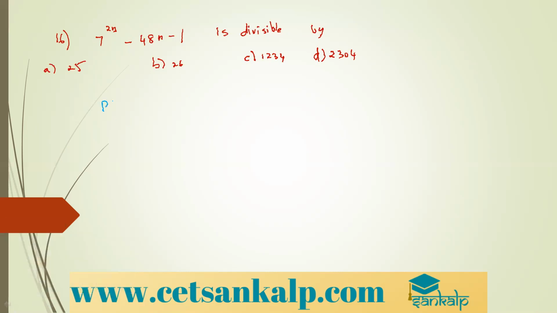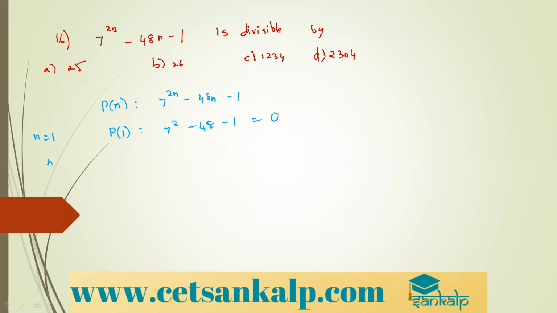I will take the statement P of n as 7 power 2n minus 48n minus 1. For n equal to 1, P of 1 will be 7 square minus 48 minus 1, which is 0. Of course, 0 is divisible by all.